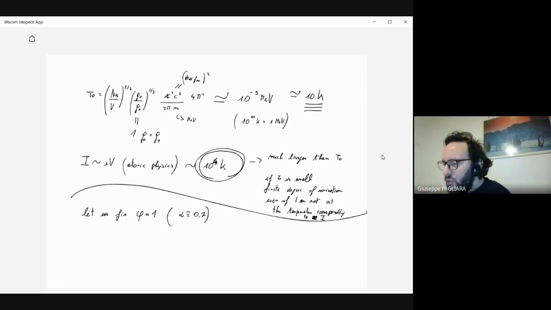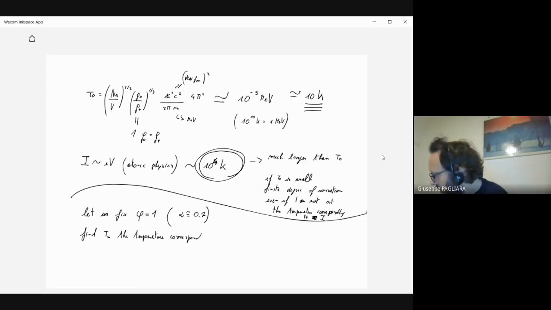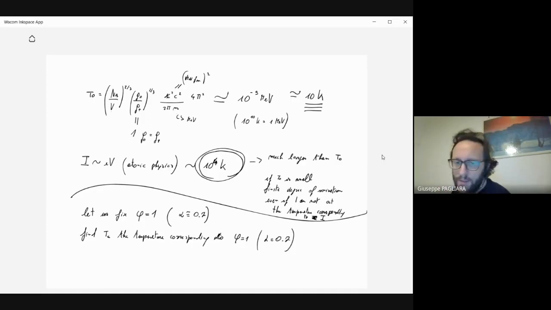Now, what we can do is to determine which is the temperature corresponding to this degree of ionization. So we put phi equal 1, in this case alpha is equal to 0.7, and we can compute and find Tc, the temperature corresponding to phi equal 1, which is also alpha equal to 0.7.